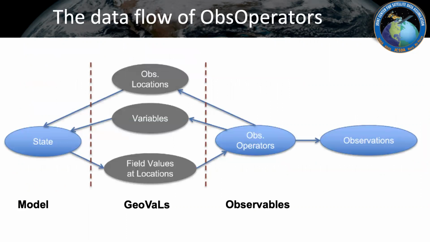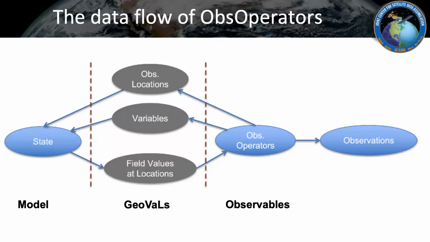Now, if you want to think a bit more visually or with a diagram, here's a bit of a schematic to show how this all sort of works. So you, the user, are specifying that you want a specific operator to produce specific simulations of observables. Or maybe you want to go in the reverse direction and do some data assimilation.